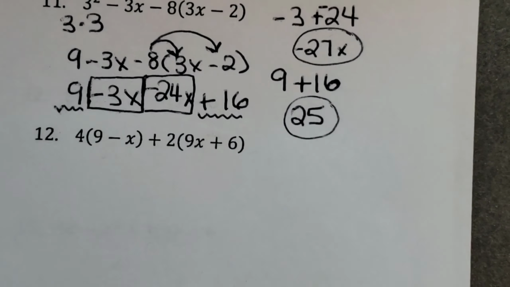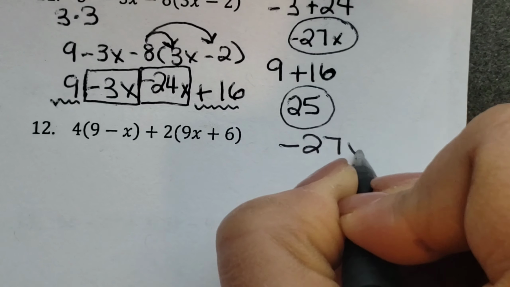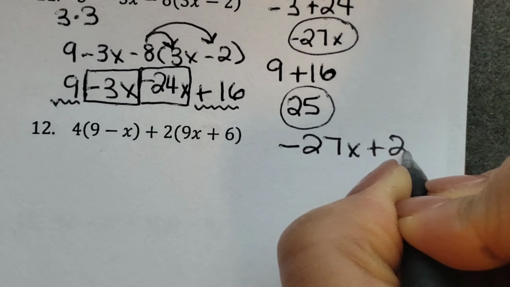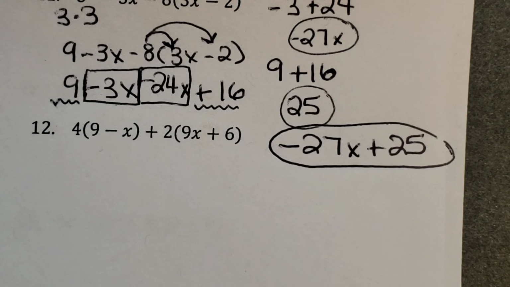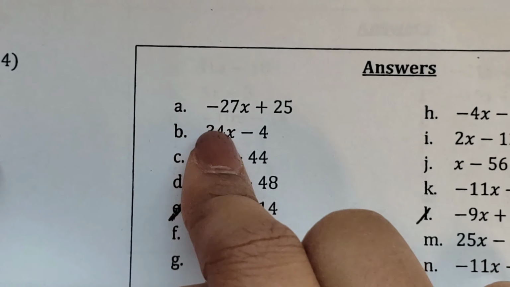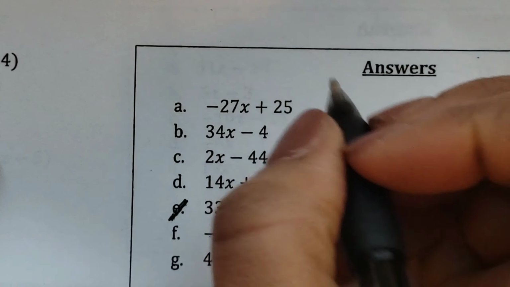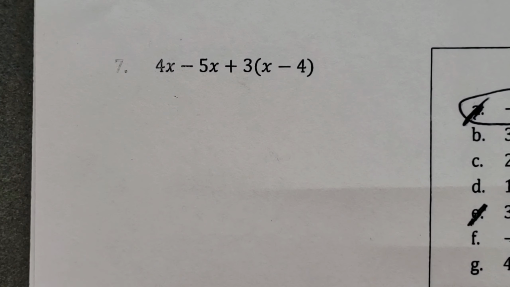Altogether, that expression is going to read negative 27x plus 25, because that's a positive 25. Negative 27x plus 25. And if we look below at our answer choices, we see we have that negative 27x plus 25 right there. You circle it, cross it out, whatever.